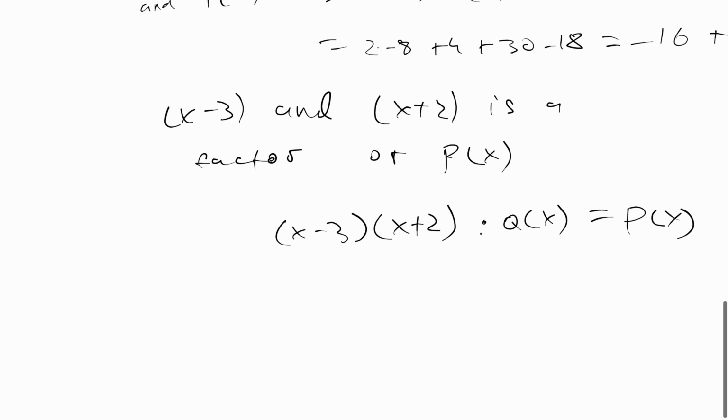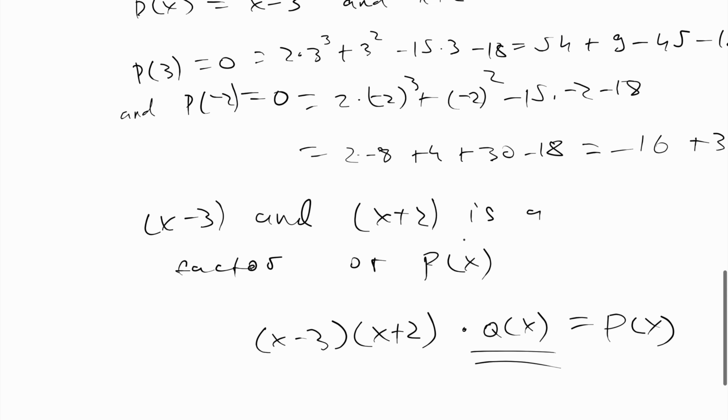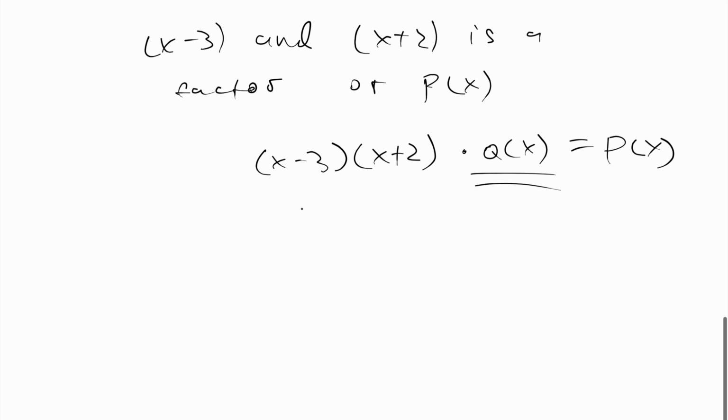So we must have a third root, and to find that, we will have to divide. If we expand this, it's going to be x squared plus 2x minus 3x minus 6, so x squared minus x minus 6.